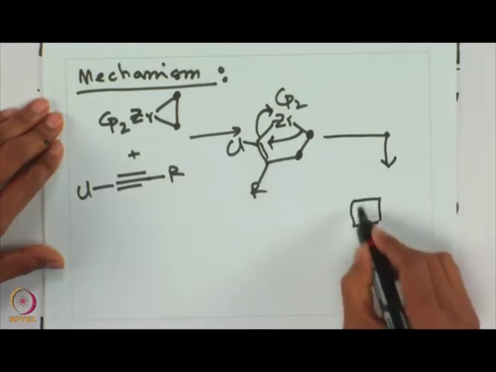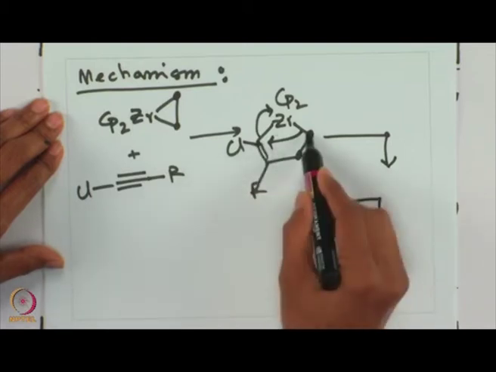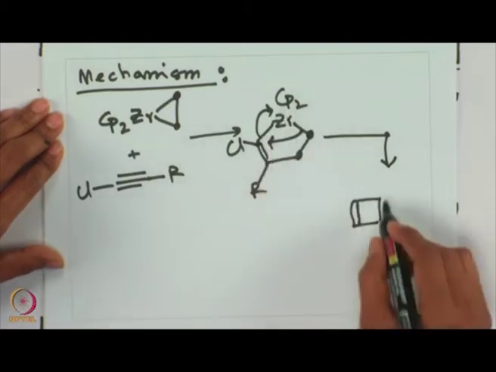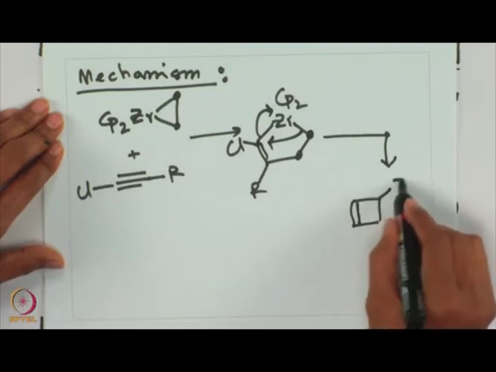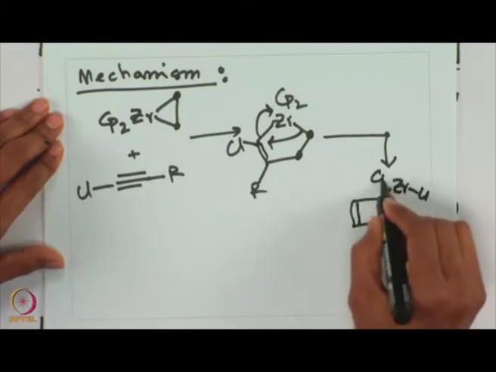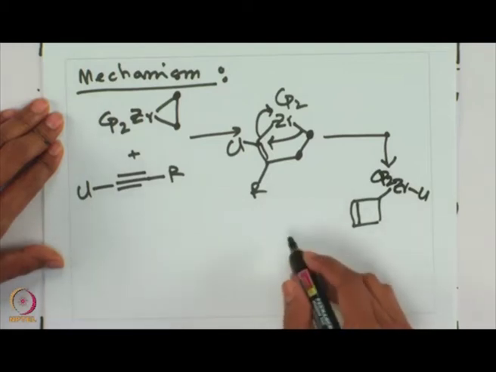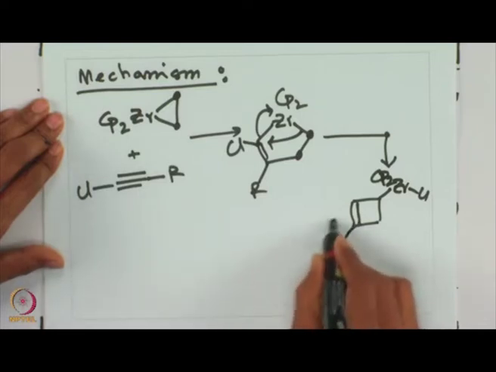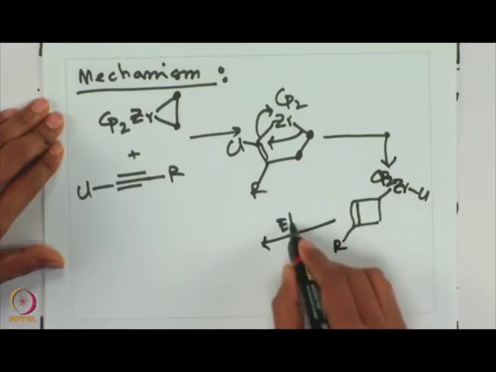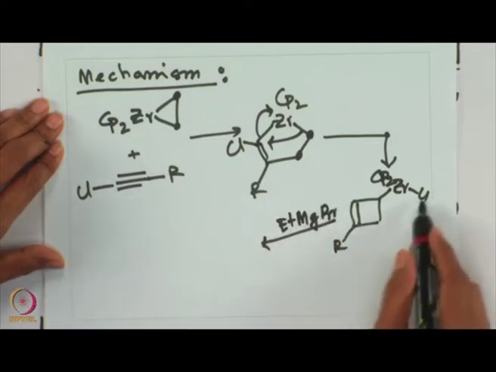We do need a cyclopropane ring formation, that is the ring formation between this carbon and that carbon, and then overall from there on the zirconium chloride and Cp2 reacts, and finally we do have ethyl magnesium bromide that is used for the reaction participating in this.